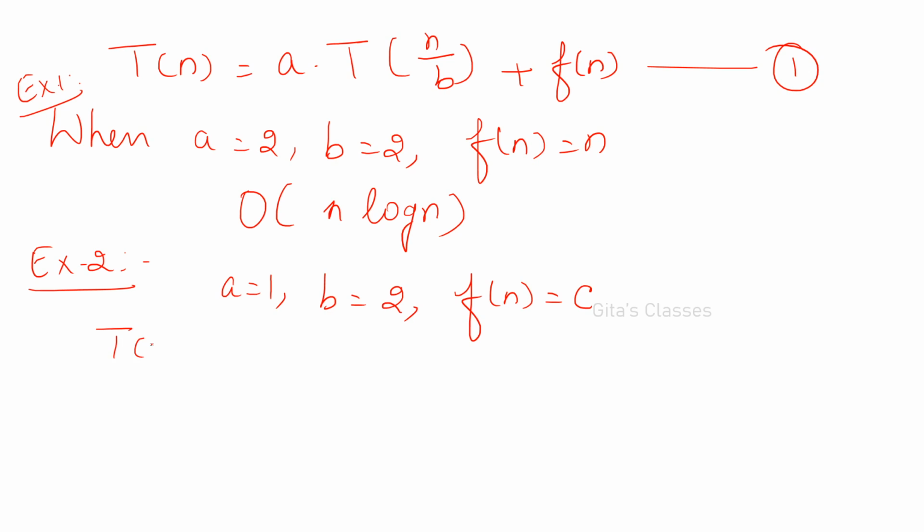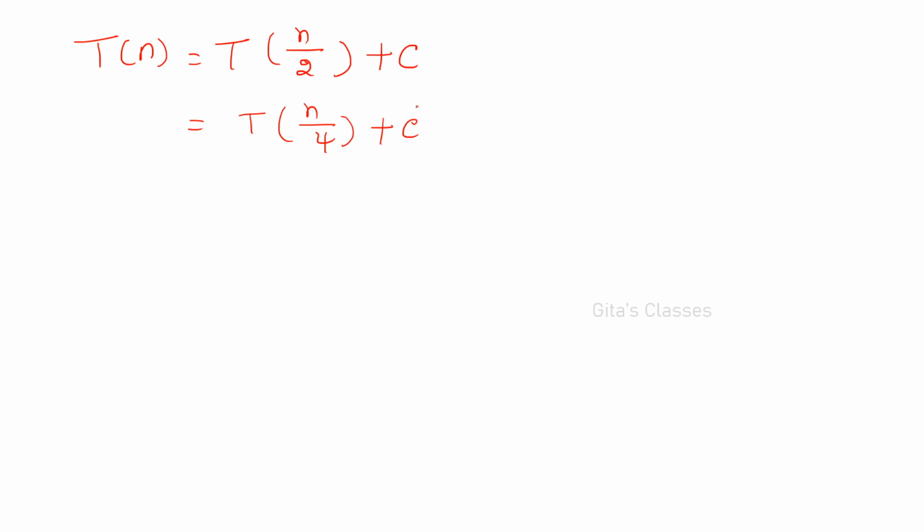So T of n is equal to 1 into T of n by 2 plus C. So T of n is T of n by 2 plus C. Again, if you divide this, T of n by 2 means T of n by 4 plus C. For T of n by 2 plus C, again one more C we have here. Again, T of n by 4 can be written as T of n by 8 plus C. Again we have two C's here.